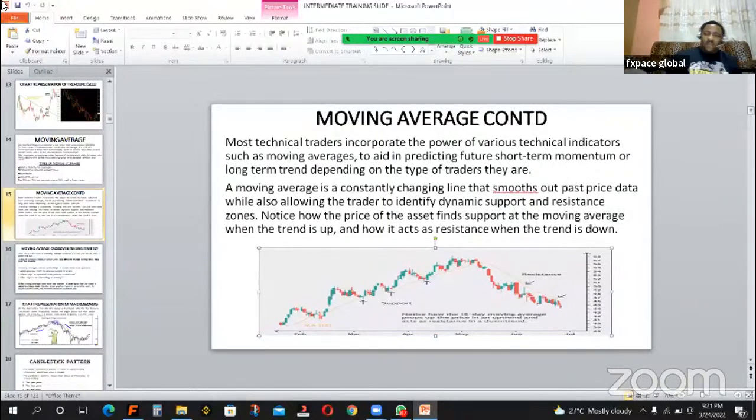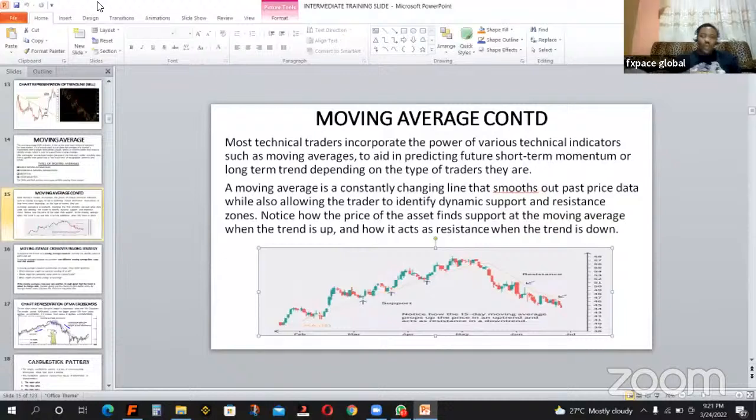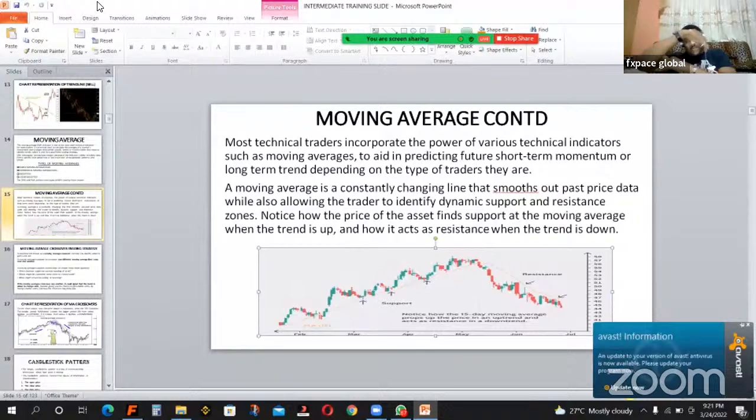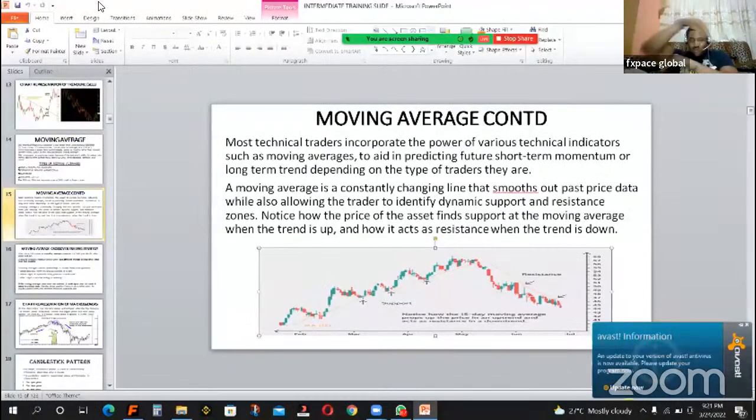But if the price is below the moving average, covering it, it means the market is bearish. So you, as a trader, should be looking for only selling opportunities. You don't need to buy.